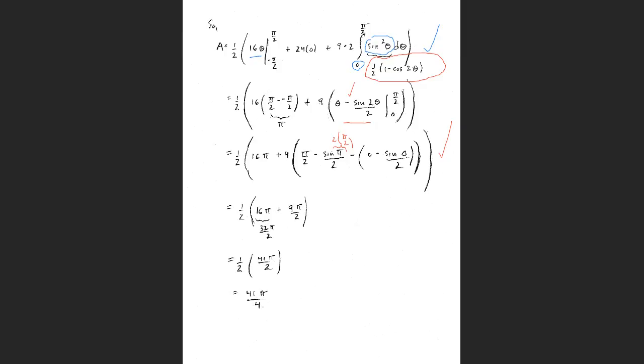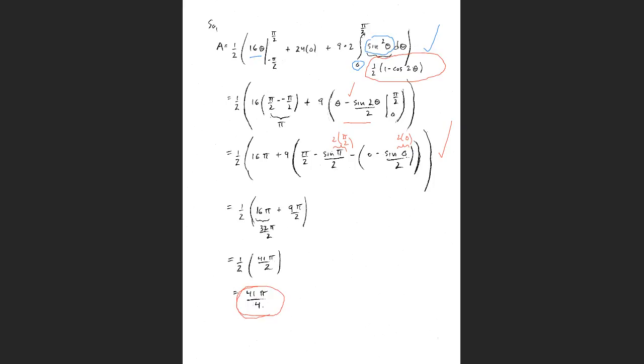So for this second portion here, we substitute in pi over 2 and 0. And then the sine of 0 is 0 because of 2 times 0. Okay, and we're just being careful. And when you work it out in the end, the area is going to be 41 pi over 4.